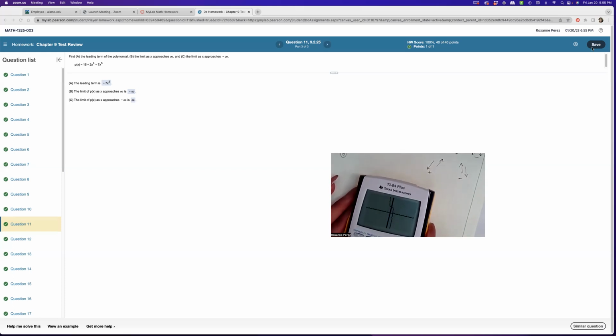So as x approaches positive infinity, so it's asking us as this function, your x values, continue to the positive x values in your domain all the way to infinity, what are these y values doing? Well, these y values are continuing to negative infinity.